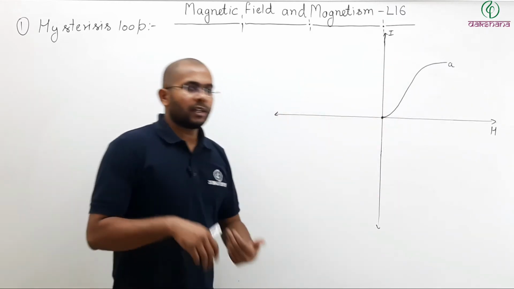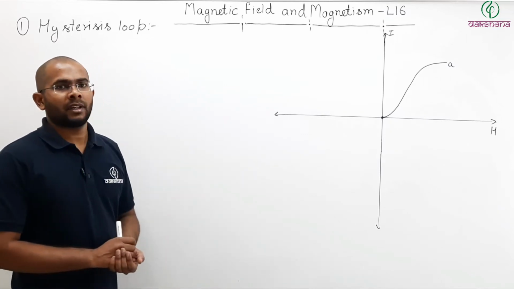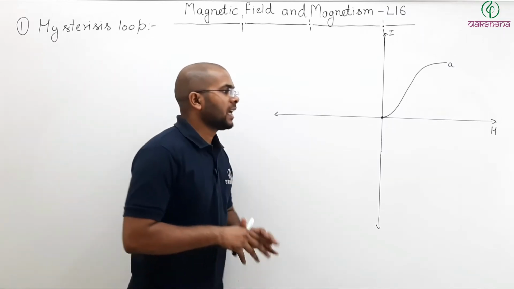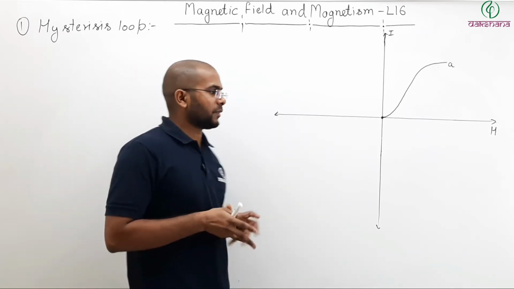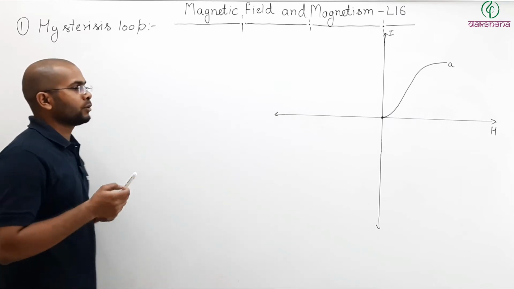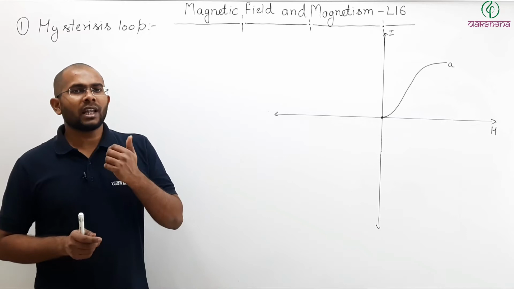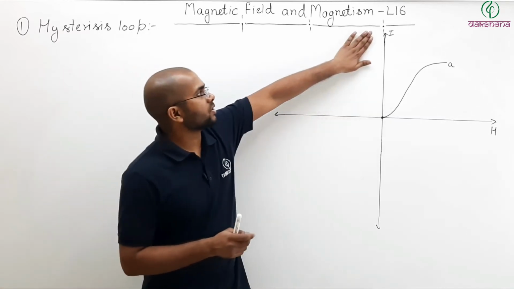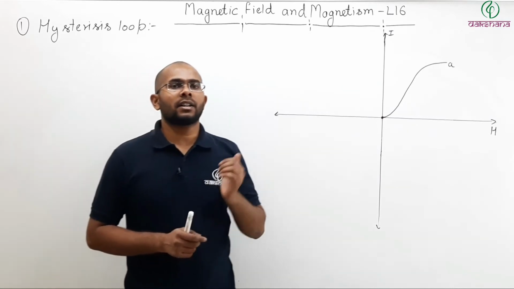Now what if I start decreasing the current and bring the current to zero? If I slowly bring the current to zero, then what will happen? You will expect the magnetization also to go down to zero, but that does not happen.